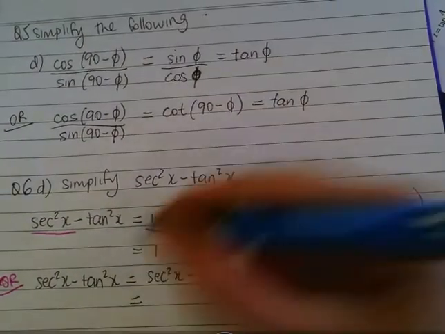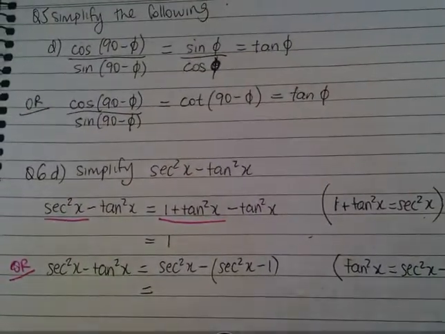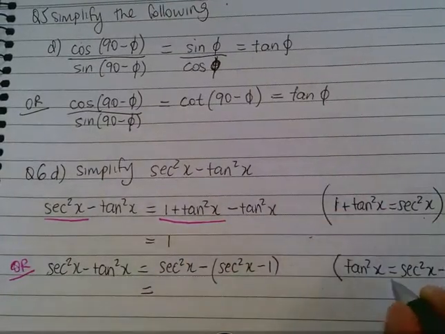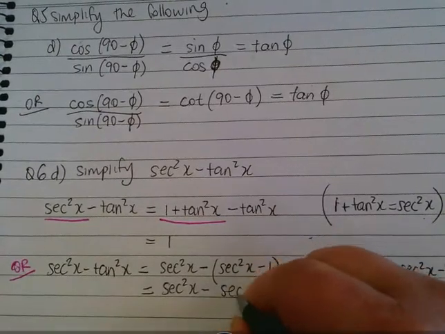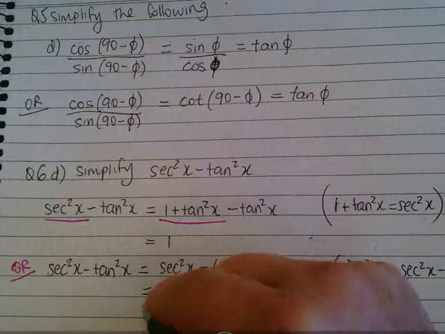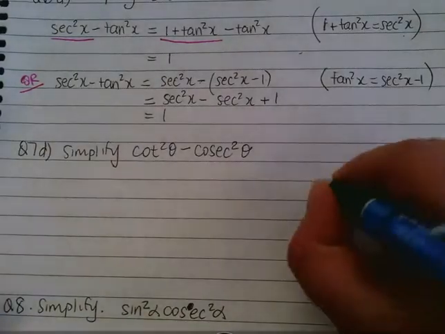When I open up my bracket, I expand: sec squared x minus sec squared x plus 1 equals 1. The sec squareds cancel. It's very much the same.